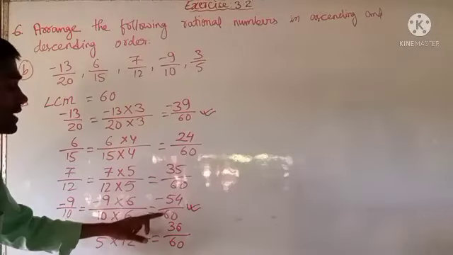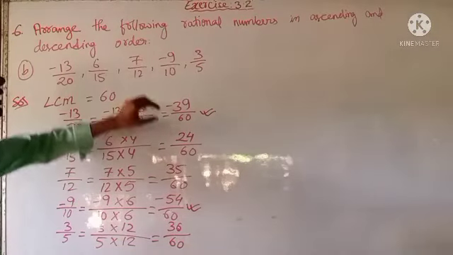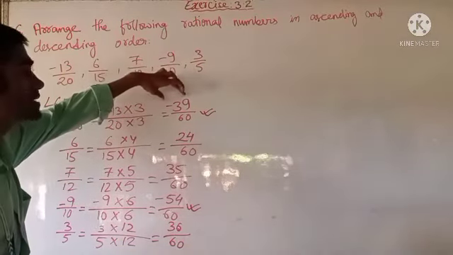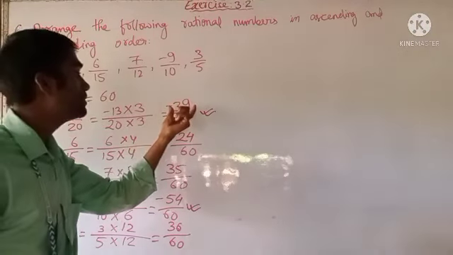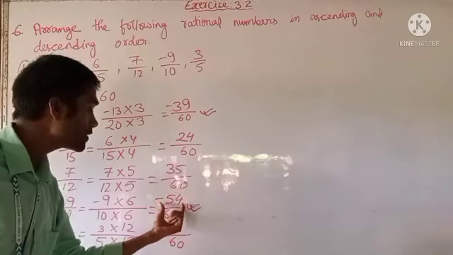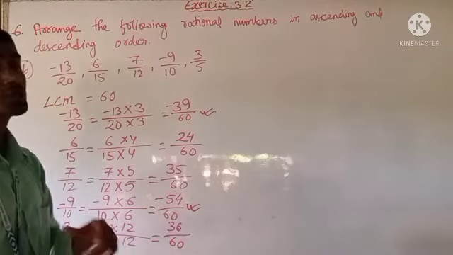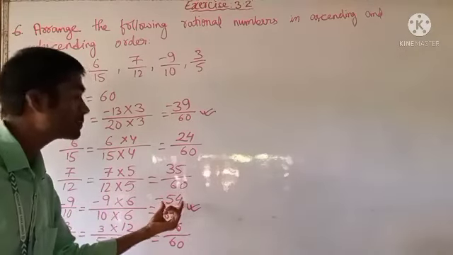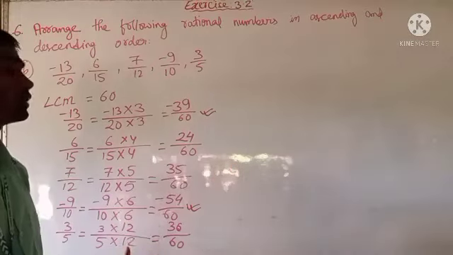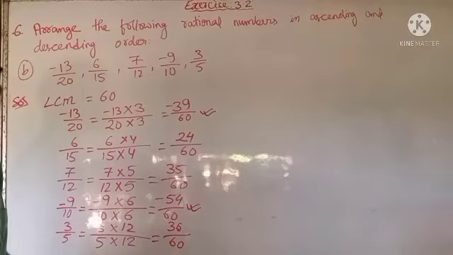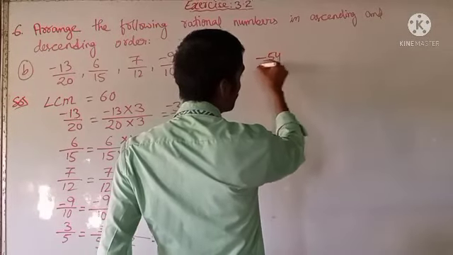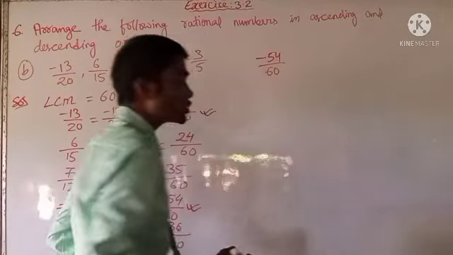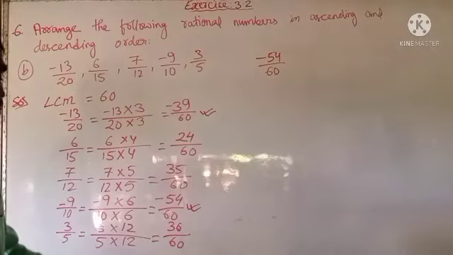Remember, when there is a minus sign, the biggest value, here 54, becomes the smallest one. So minus 54 by 60 is the smallest among these.